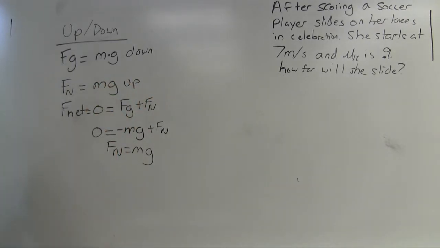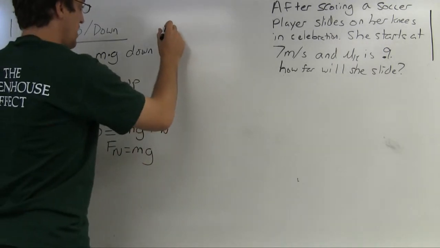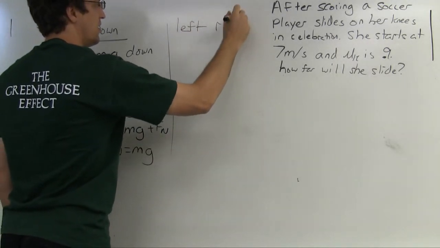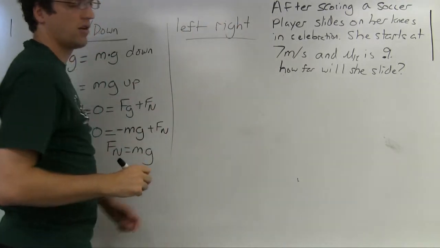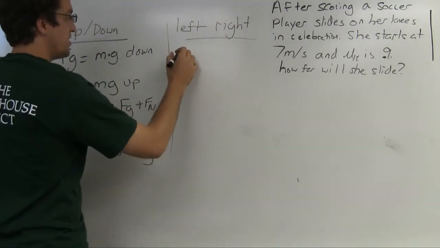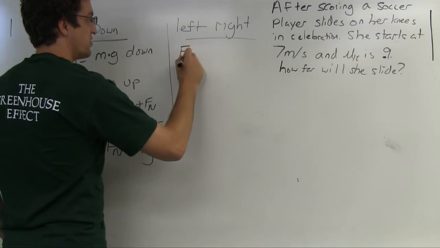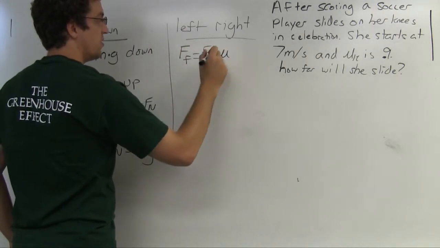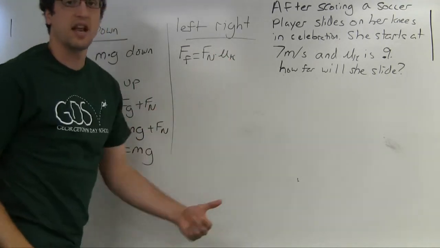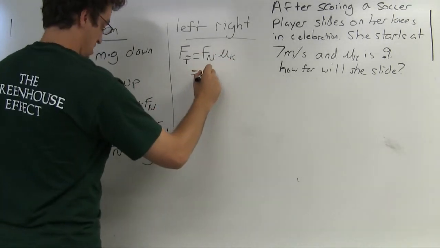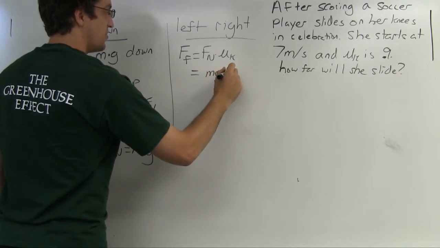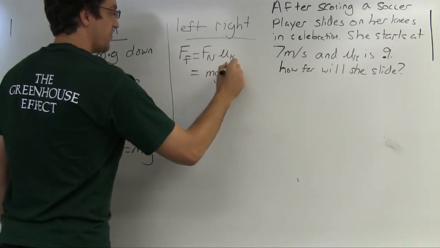All right, so what about left/right? In left/right, there's only one force, and that force is the force of friction. The force of friction is Fn times mu. In this case, since it's kinetic friction, it's mu k. So we get m times g times 0.9.